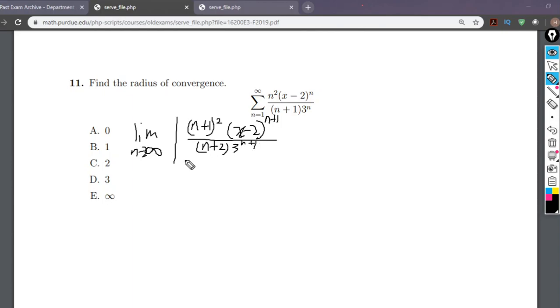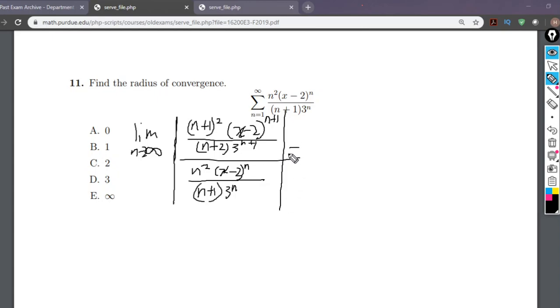That will be the n plus 1 term. This is all over the original series of n squared times x minus 2 to the nth over n plus 1 times 3 to the n.